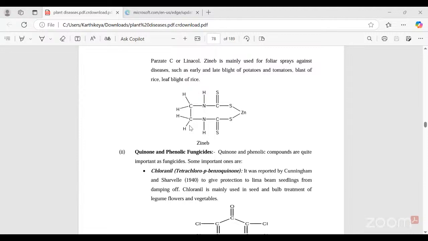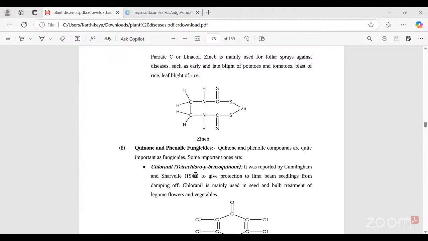Quinone and phenolic fungicides. Quinone and phenolic compounds are important fungicides. Some important ones are chloranil, tetrachlorobenzoquinone, reported by Cunningham and Sharvelle in 1940 to give protection to lima bean seedlings from damping off. Chloranil is mainly used for seed and bulb treatment.